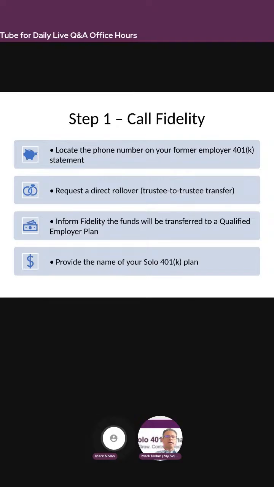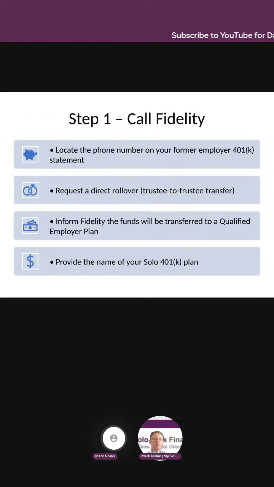Now let's talk about a step-by-step guide to transfer your former employer 401k at Fidelity Investments to a solo 401k plan, such as a self-directed solo 401k. The good news is that Fidelity Investments will allow you to call them to request that transfer. So you don't have to fill out any type of form.